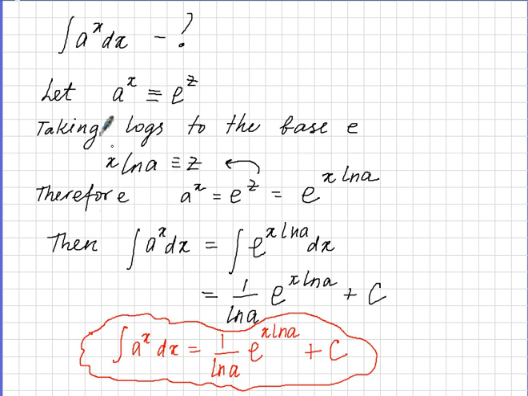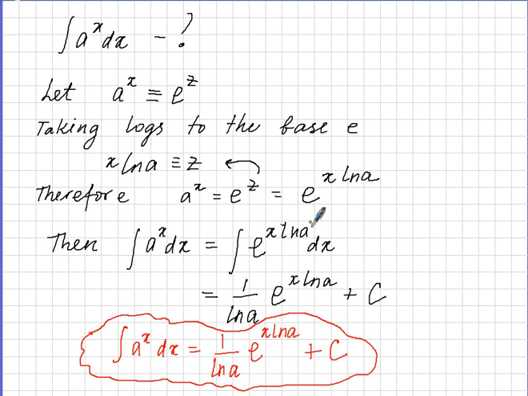Okay, therefore coming back to our original question, what is the integral of a to the power of x dx? We can change our a to the power of x to the base e, and we can write e to the power of x ln a dx. As you can see now, we've got our standard integral where instead of a constant in this index part, we have our constant ln a. a is a constant, so ln a is a constant too.